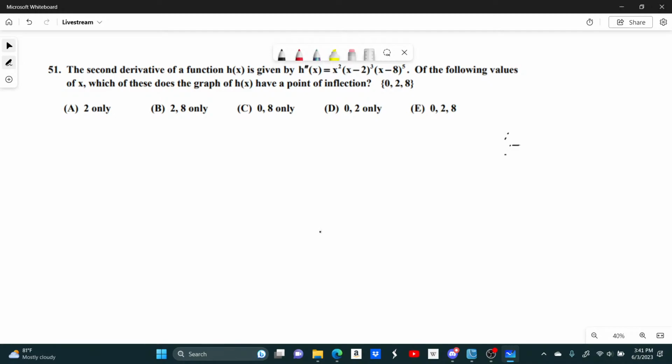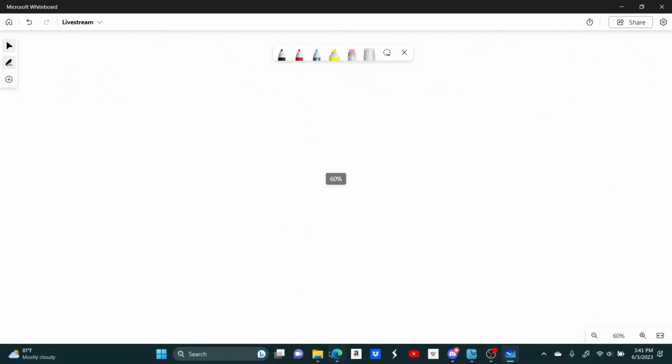If I do -2 cubed and I just do 2 cubed, because this is an odd power, it's going to give me opposite signs, which means that I not only have a point of zero concavity, but I actually have a point of inflection. And so the ones that have a point of inflection are going to be right here at x equals 2 and right here at x equals 8. Okay.